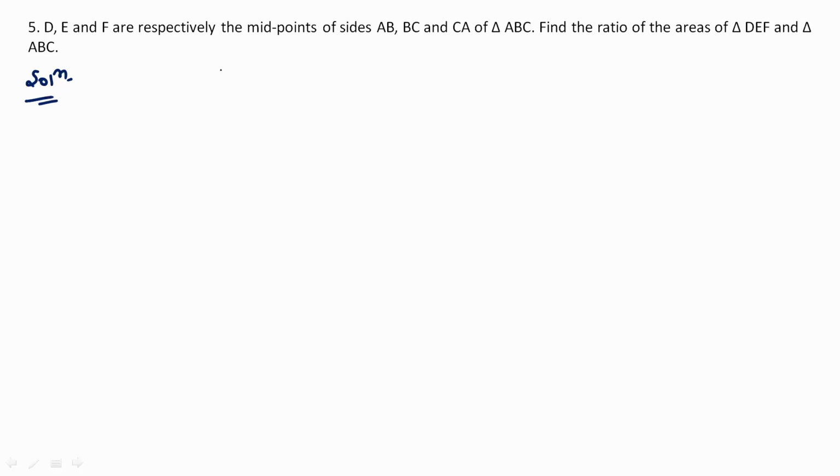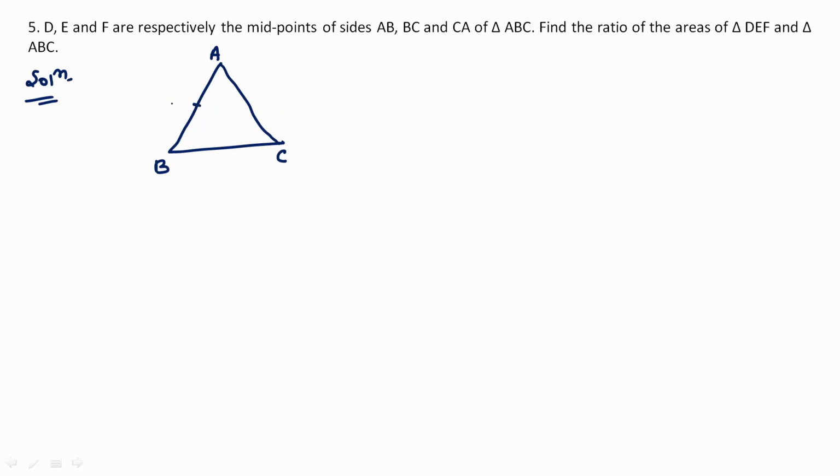This is your triangle ABC. This is point A, point B and point C, and D, E, F are the midpoints of the sides AB, BC and CA respectively.